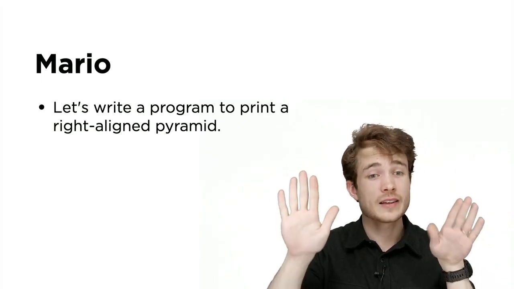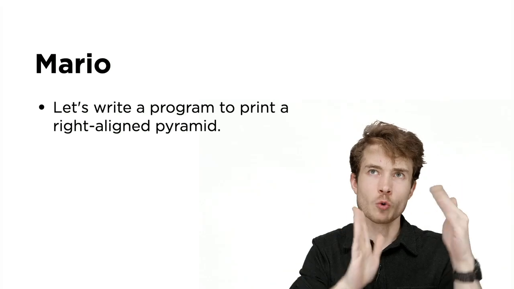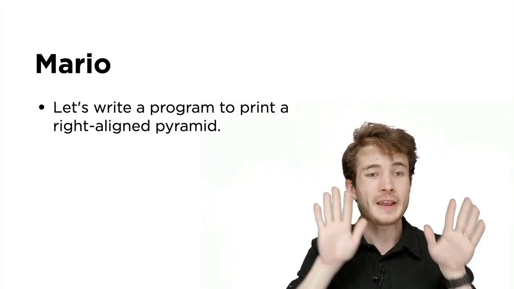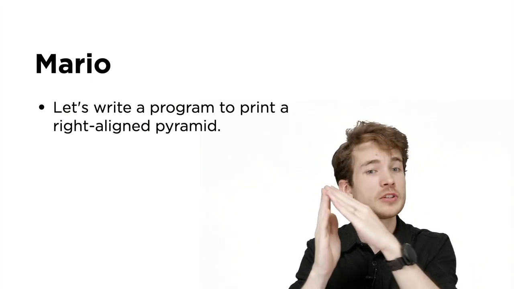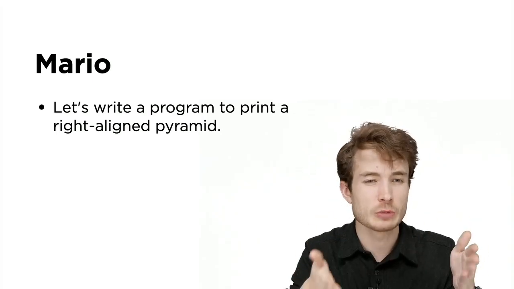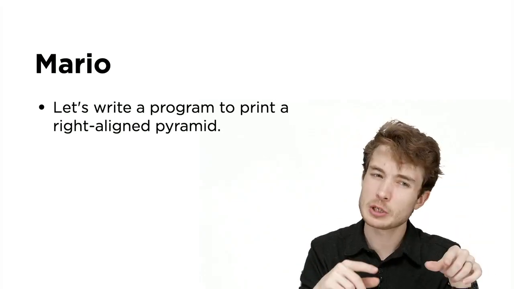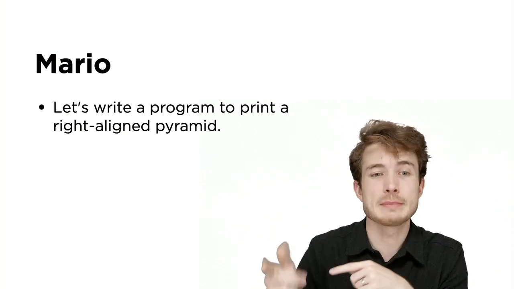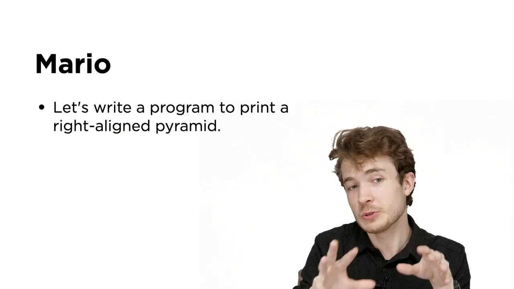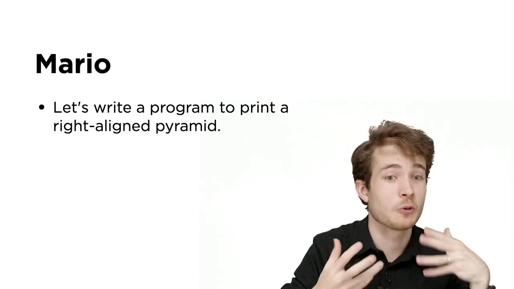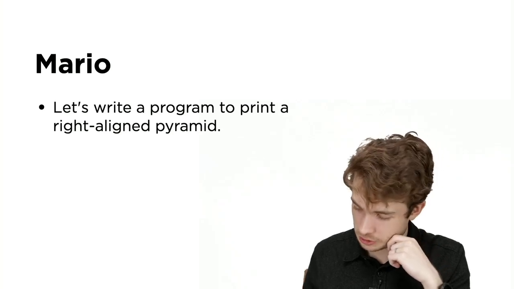If you think of your right hand and your left hand, a right-aligned pyramid goes up to your right, whereas a left-aligned pyramid goes up to your left. I would probably argue a left-aligned pyramid is a bit easier than a right-aligned pyramid, but I'll leave that part up to you as you work on the problem set. And today we'll focus on our left-aligned pyramid.